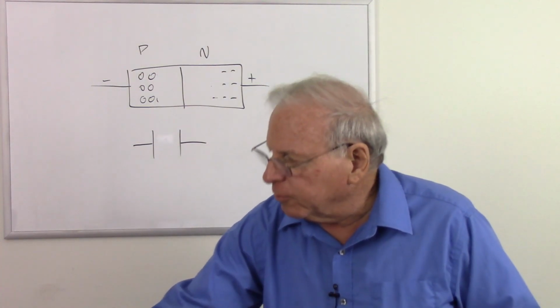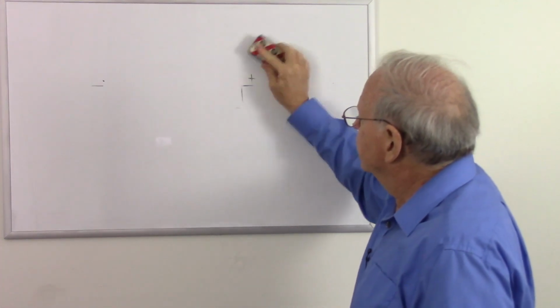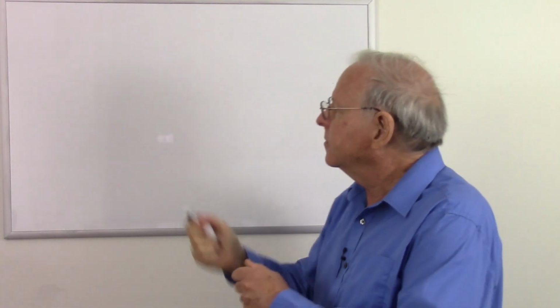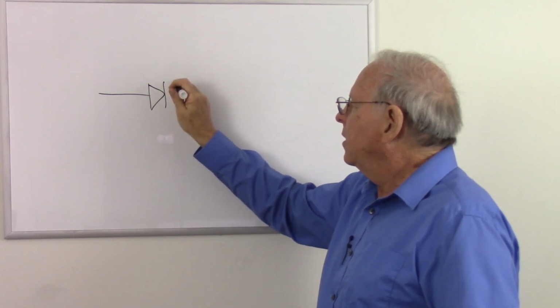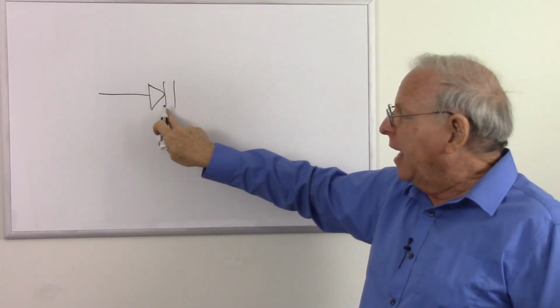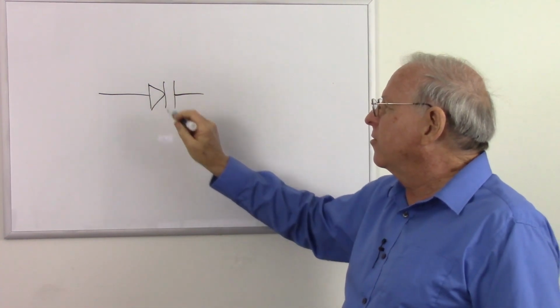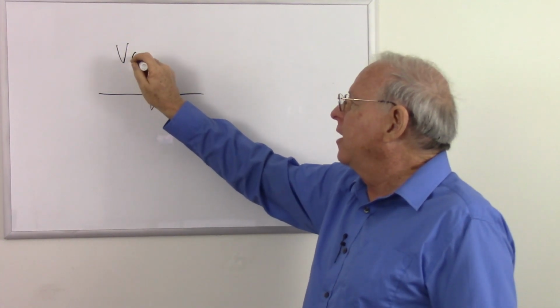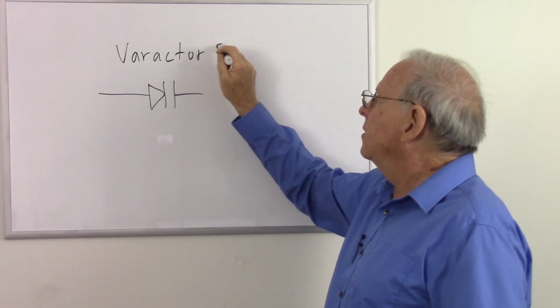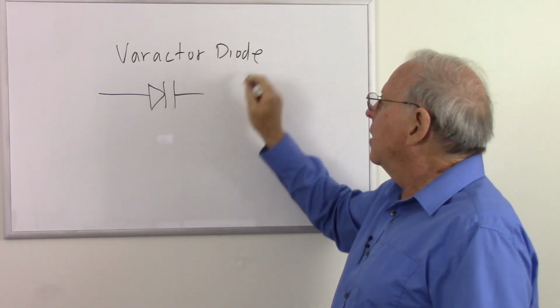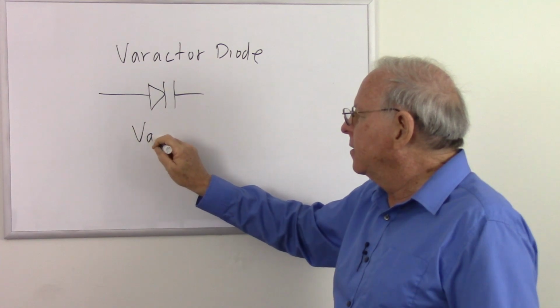Let me draw the symbol for it up here. It's a regular diode symbol, except the cathode looks like a capacitor, and that is called a varactor diode. Also known as a varicap.